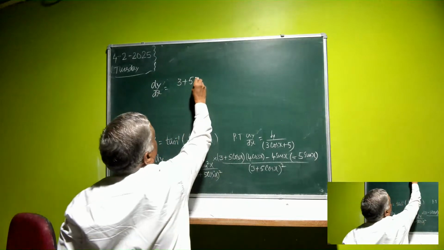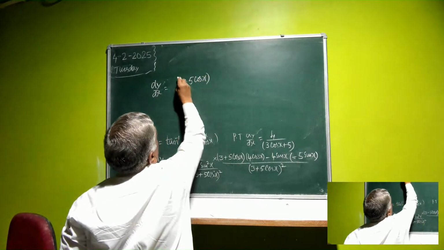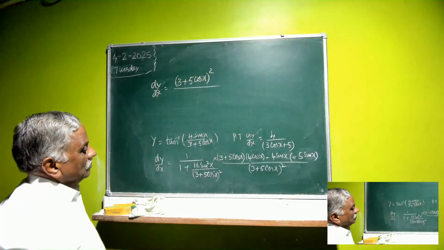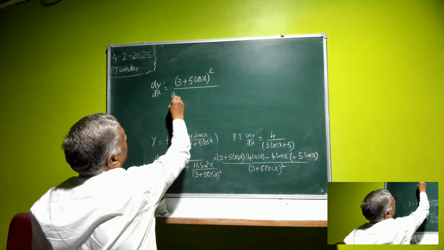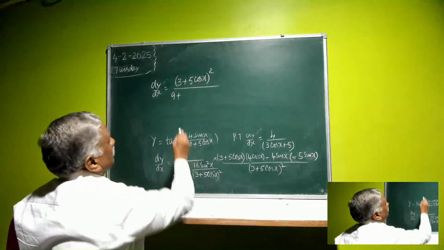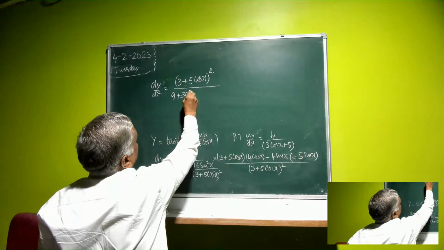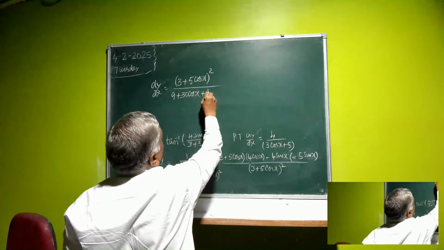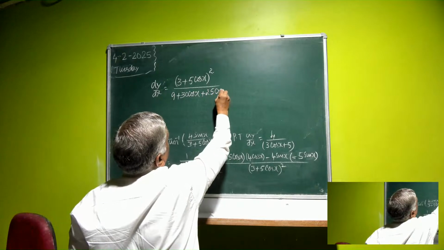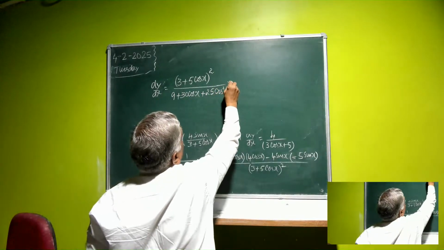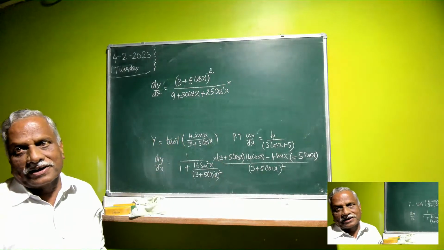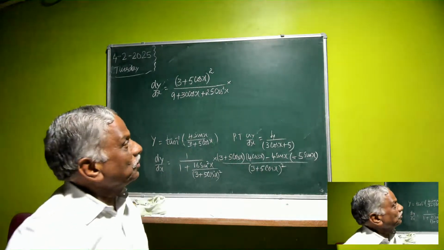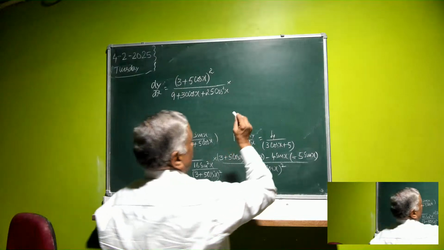So 3 plus 5 cos x whole square, divided by, expand and write it, 9 plus 30 cos x plus 25 cos square x. If you find this difficult, don't get troubled, leave it. I'm working this only for those who really want to enjoy working some difficult problems.